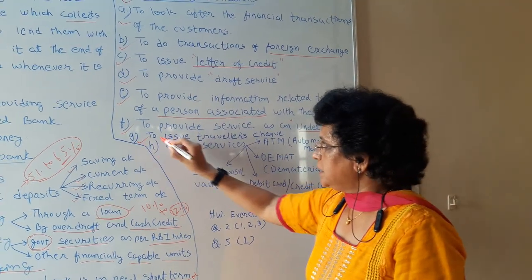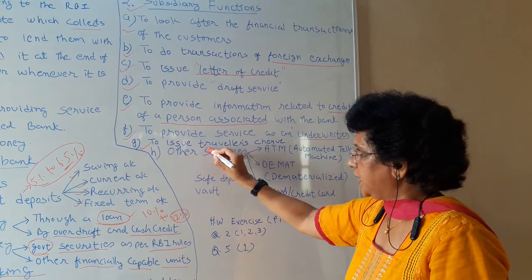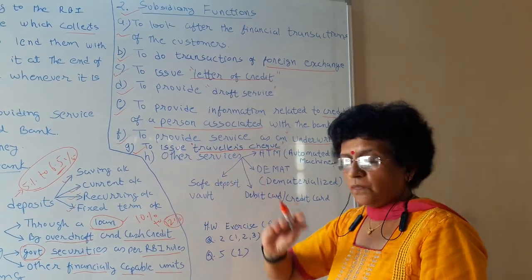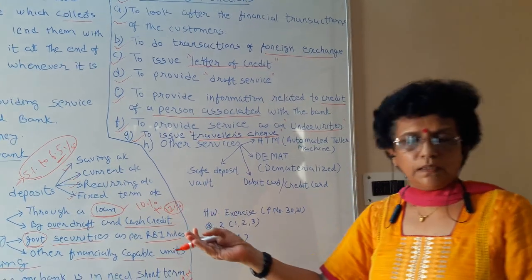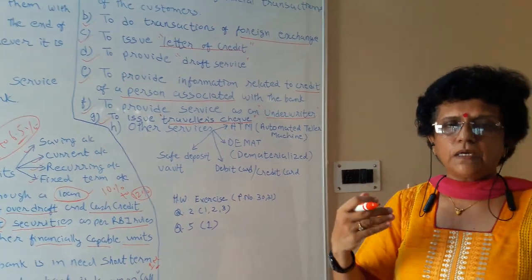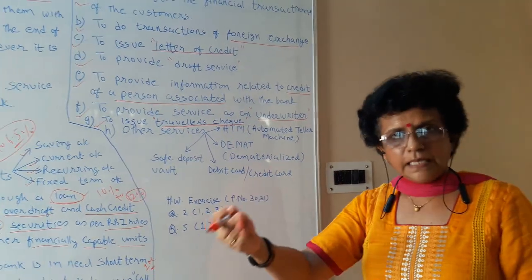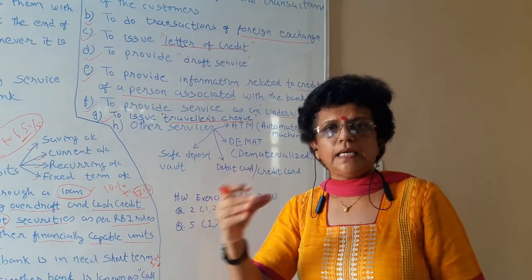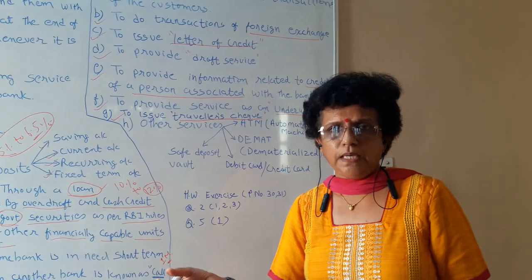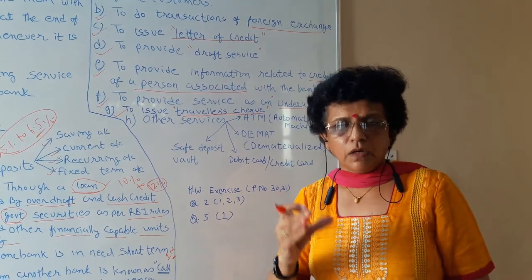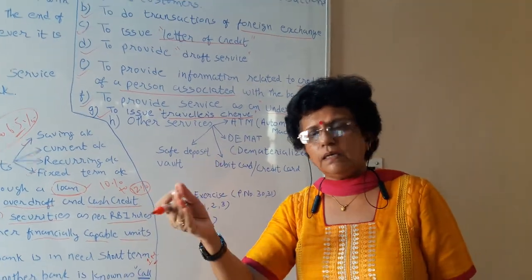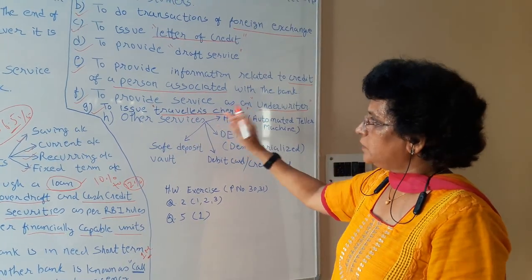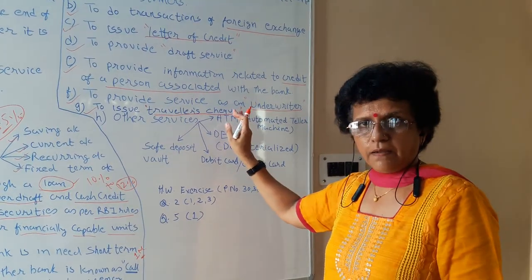Next is to issue traveler's checks. When any businessman visits from one country to another, hard cash is difficult to carry, or if any layman is going on a tour, hard cash cannot be kept on hand beyond a certain limit. So at that time the currency is converted into the form of traveler's checks.